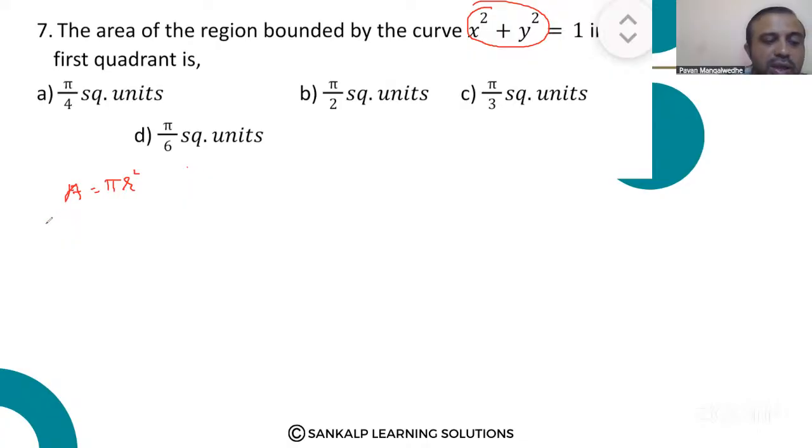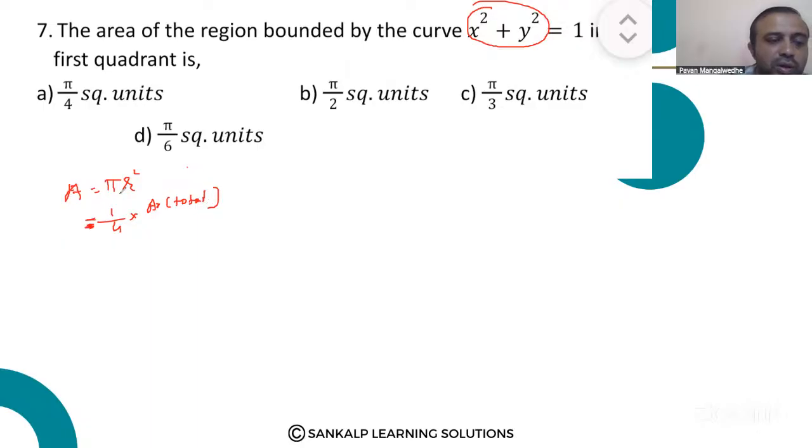Only the area in the first quadrant is required, so the first quadrant means one circle divided into 4 quadrants. So 1 by 4 into the area of the total.